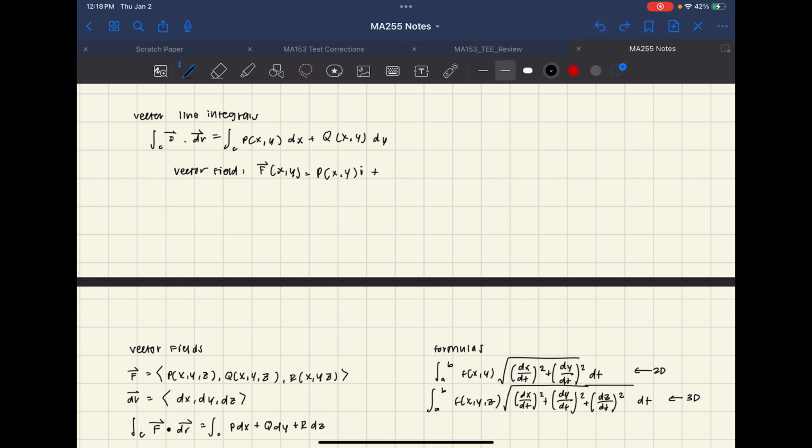You have your i component, and then your j component.